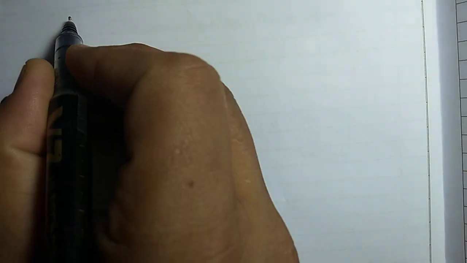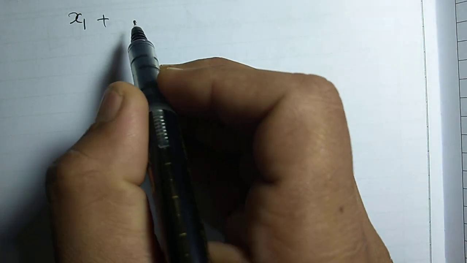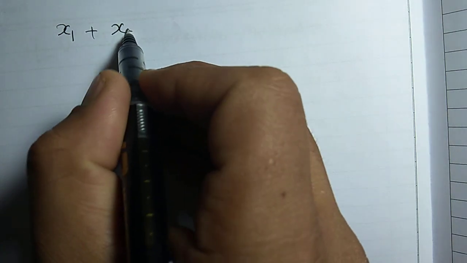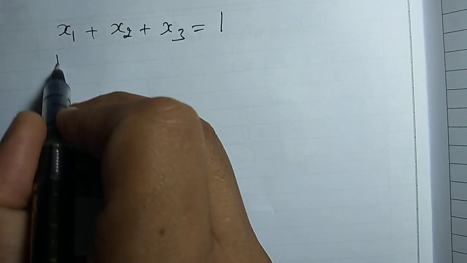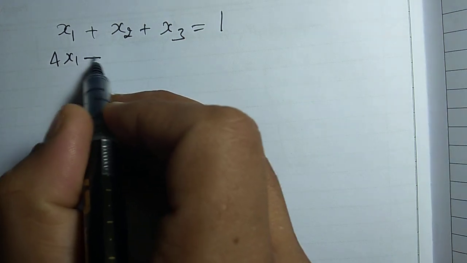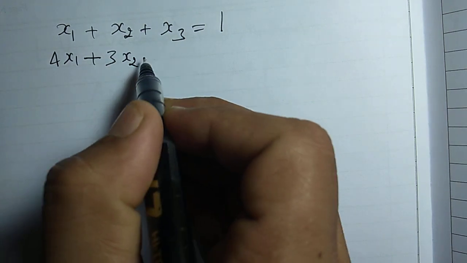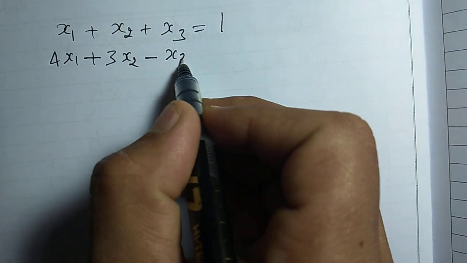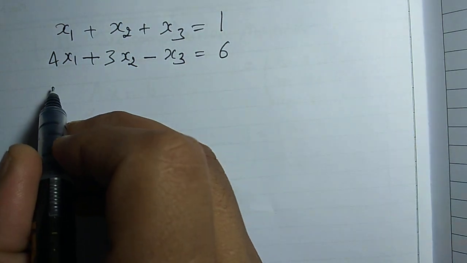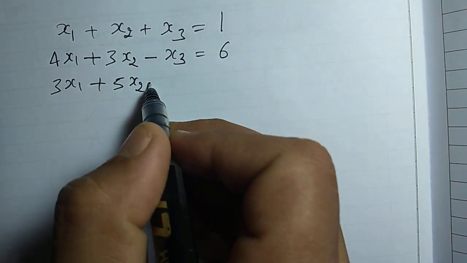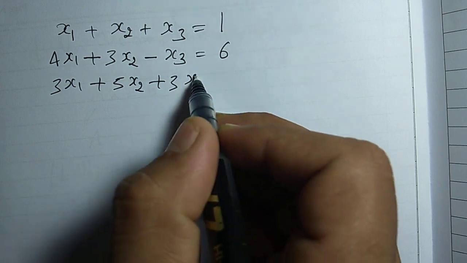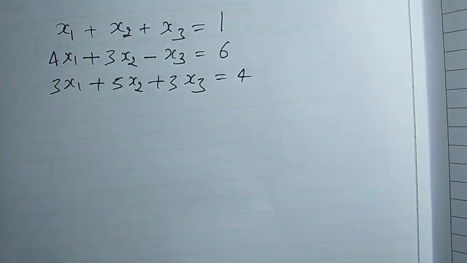The question is: solve the system of linear equations using the LU decomposition method. The first equation is x1 plus x2 plus x3 equal to 1, then 4x1 plus 3x2 minus x3 equal to 6, and 3x1 plus 5x2 plus 3x3 equal to 4.